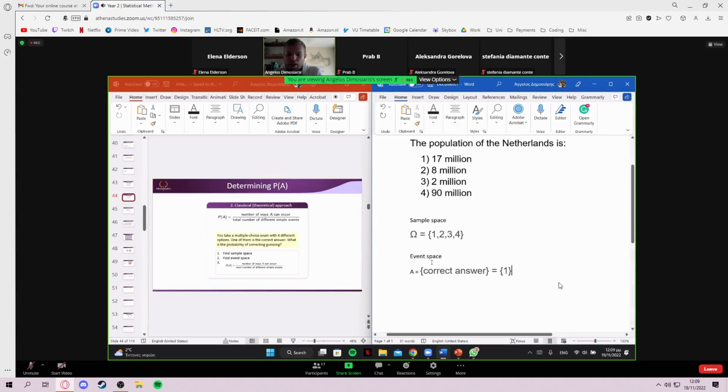So now I'm going to put the event space into the first number here, the number of ways A can occur, because only 1 correct answer can occur, and divided by the total number of different simple events. So how many simple events do I have?